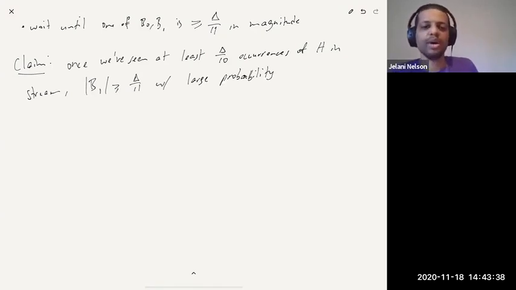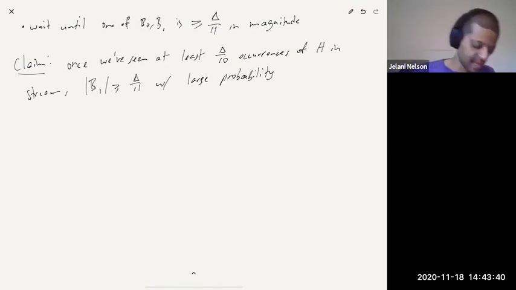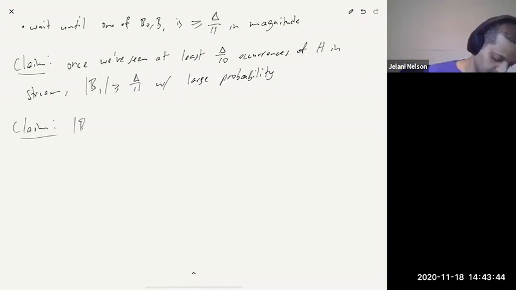Does that make sense? Why is that? And the other claim is that B0 is going to be less than delta over 11, always.